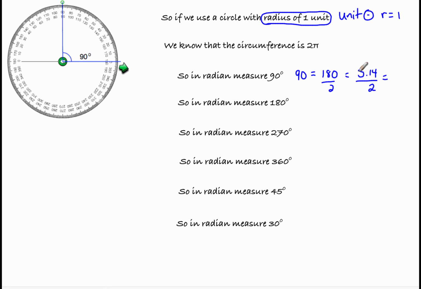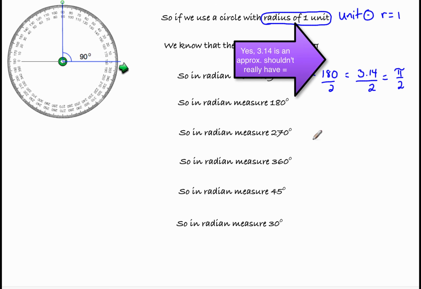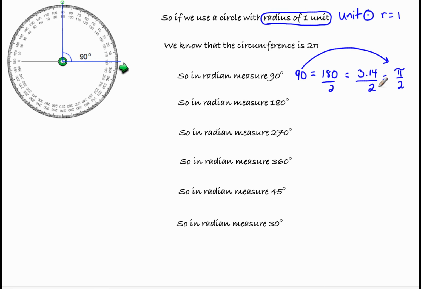And then we learned that 3.14 is pi. So voila, that's how you say 90 degrees in radian language. It's half of pi. We know radian measure of 180 is pi.